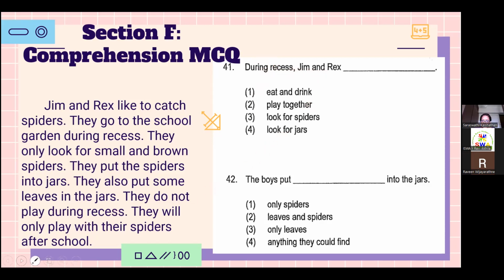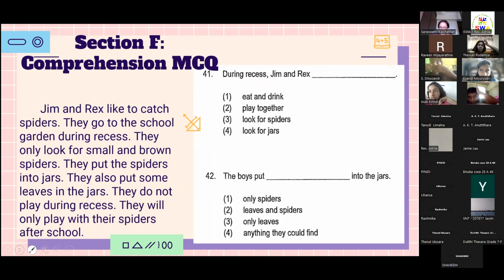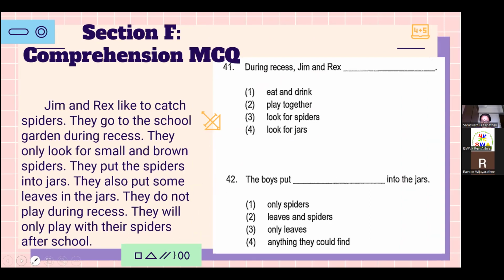All right. You're very sure about your answer? Yes, you are? Okay, very good. That's confidence. Very good. During recess, Jim and Rex look for spiders. So that's the right answer.